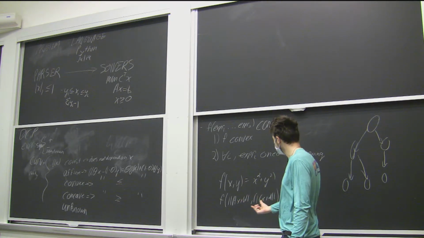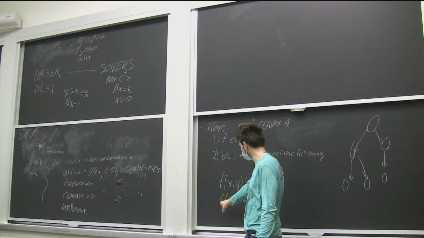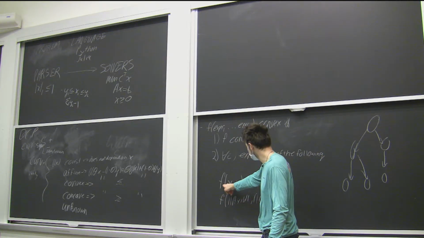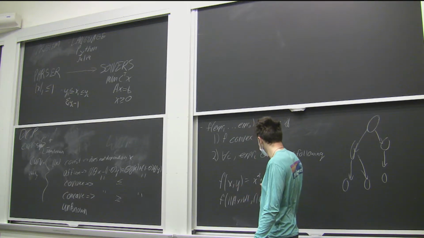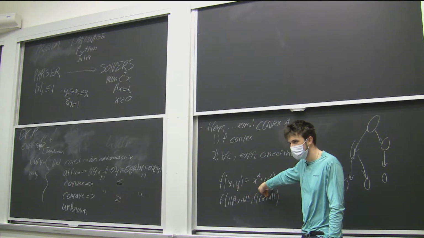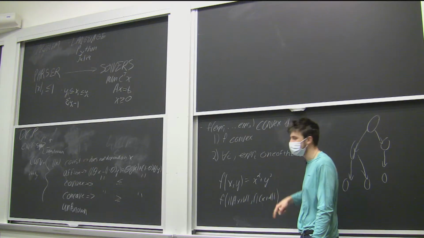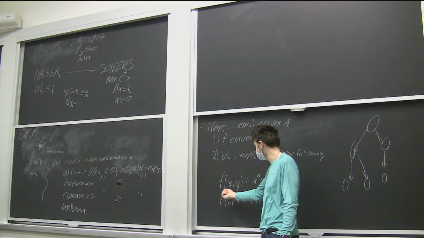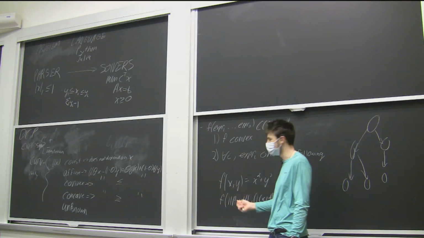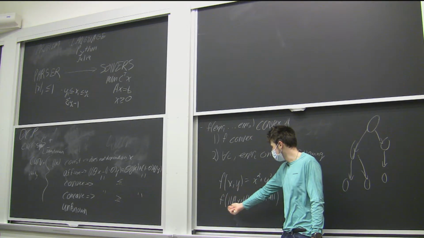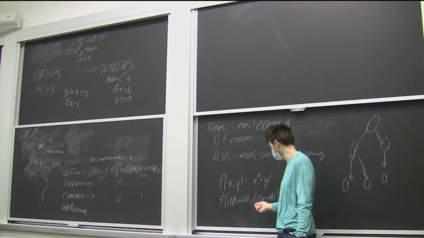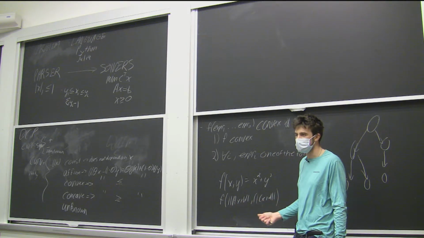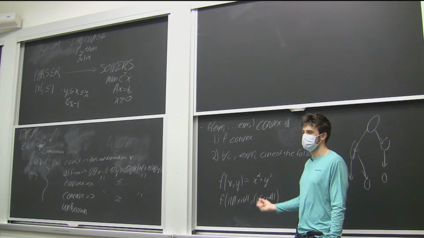So basically, at the individual step where I'm trying to check whether the composition is convex, I'm only trying to check whether f is convex as a function of the expression x and the expression y. In this example, the expression x and the expression y are the norm of ax plus b and the norm of cx plus d. I'm going to go through an example of this.